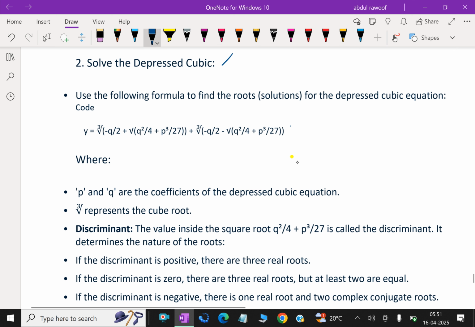This is a long formula, which will give the value of y, where p and q are the coefficients of the depressed cubic equation.